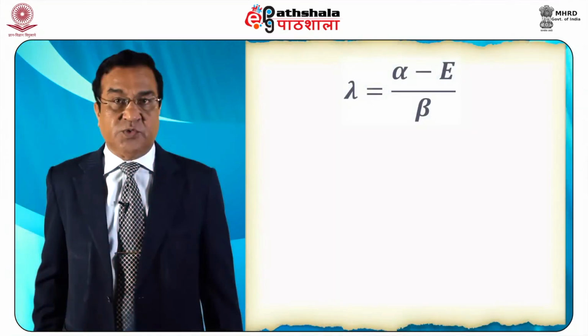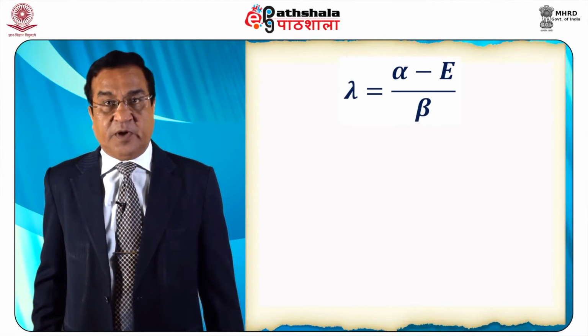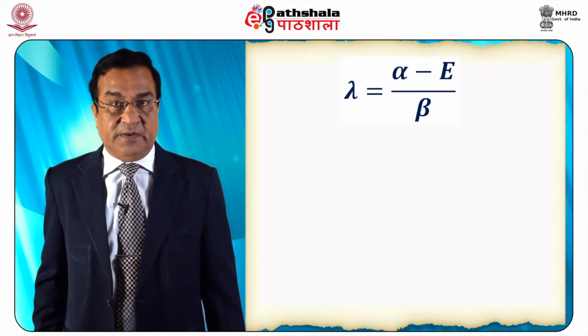Now this is a 2 by 2 determinant and we need to solve it. But before we solve it, we make the following assumption. We substitute alpha minus E upon beta equals lambda.